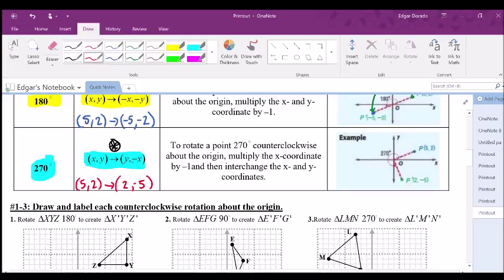Okay, whatever is in this position, I'm going to change it to the opposite of that. So in this case, it was a 5, but I'm going to change it to a -5, which once again, you can definitely see on these 2 points on our graphic. All right, so it says to rotate a point 270 degrees counterclockwise about the origin, multiply the x coordinate by -1, and then interchange the x and y coordinate, which is what we did.